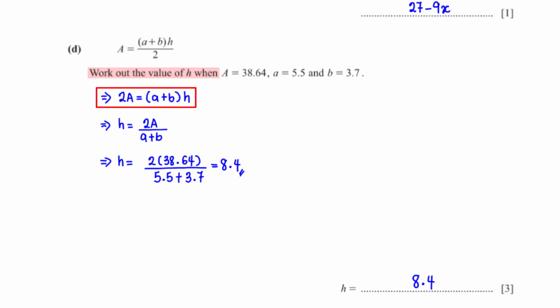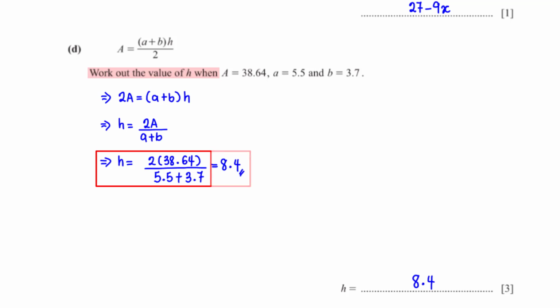And when we divide both sides by a plus b, we get h equals 2A over a plus b. Big A has been given as 38.64, small a has been given as 5.5, and b has been given as 3.7. When we type this into the calculator, we get 8.4.